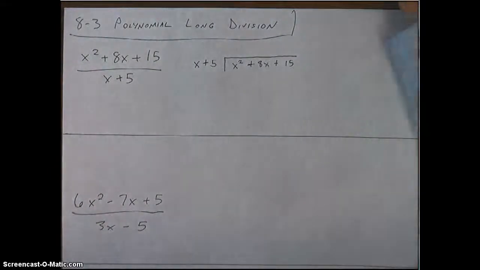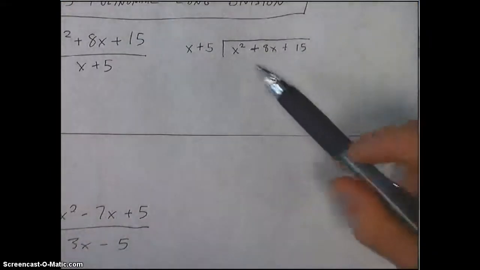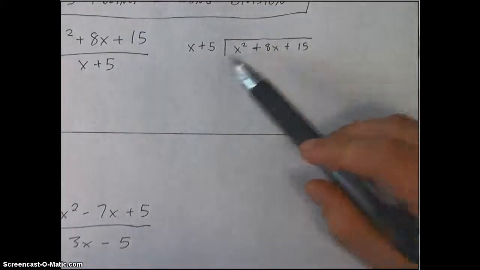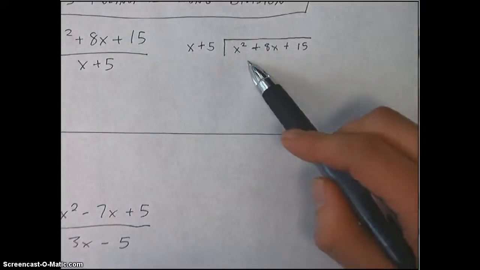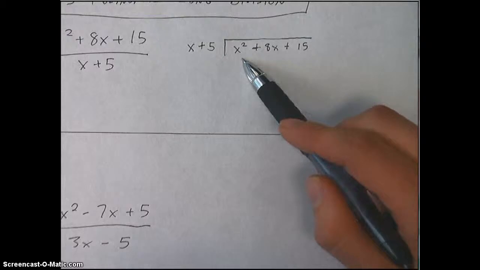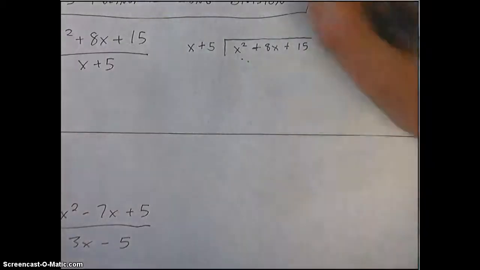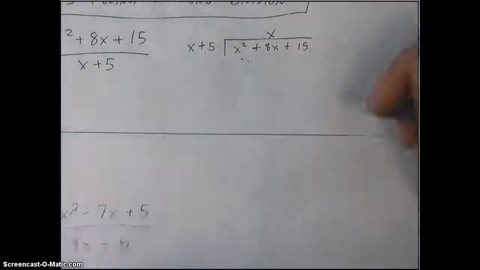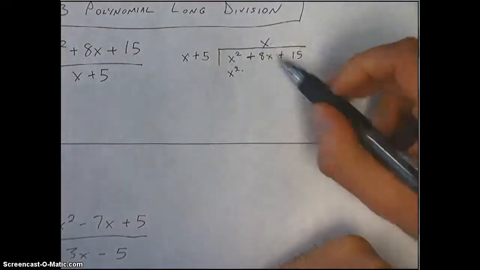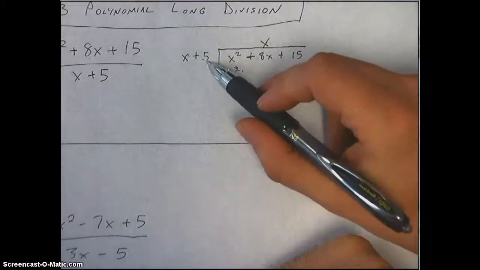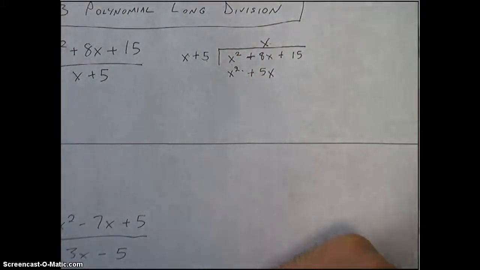The way I like to think about the process here is, the first step is I'm always trying to turn the first term here into the first term here by way of multiplication. So what times x equals x squared? Well, that's just x. So I'm going to write an x up there. So x times x is x squared, and x times 5 is positive 5x.